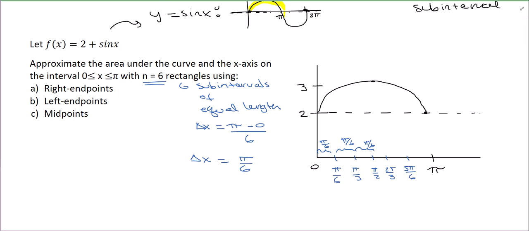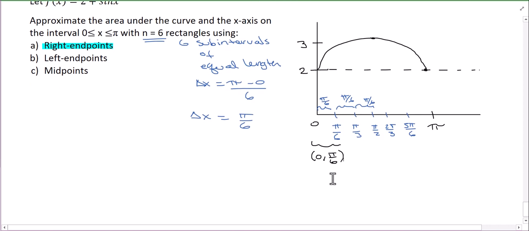Now, for the first part, it tells us that we want to use right endpoints. So the right endpoints are going to give us the height of our rectangles. When I'm looking at my first subinterval, this is the interval 0 to pi over 6. When I'm looking at the right endpoint, that will be this one. So this is the right endpoint, and that's what I'm going to look for in the height.